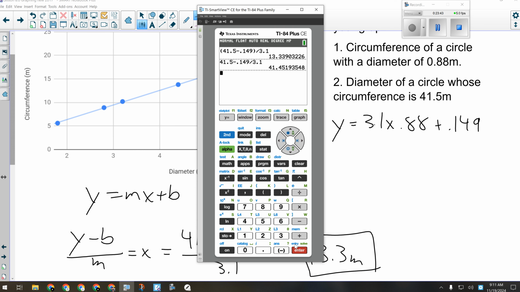That's the beauty of physics. So if I have a circle with a circumference of 41.5, it definitely can't have a diameter of 41.4. Agreed? So always check your answer to make sure that it makes sense. That's the best way to check in case you've accidentally done some algebra or some math wrong.